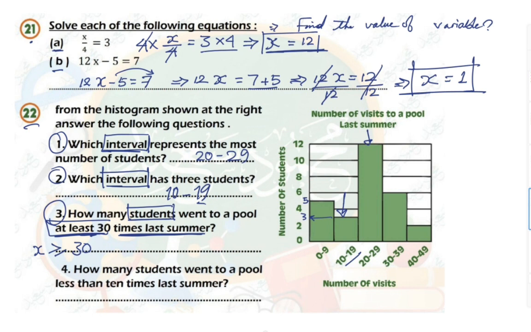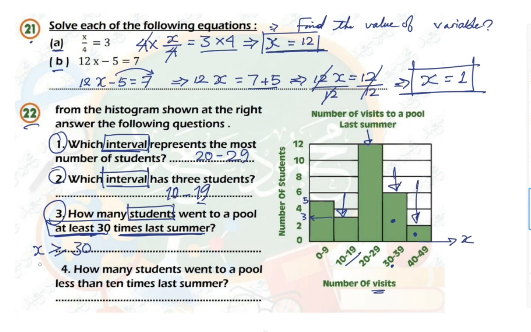Now I have number of visits on the x-axis: 0 to 9, 10 to 19, 20 to 29, 30 to 39. So he starts with 30 from this interval and goes up to this interval. So you have these two intervals.